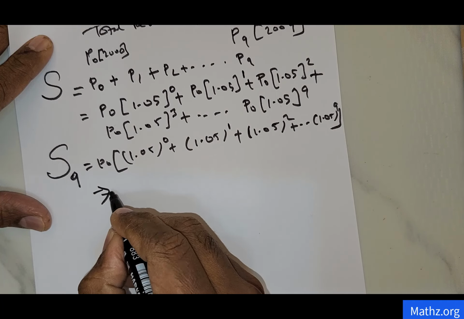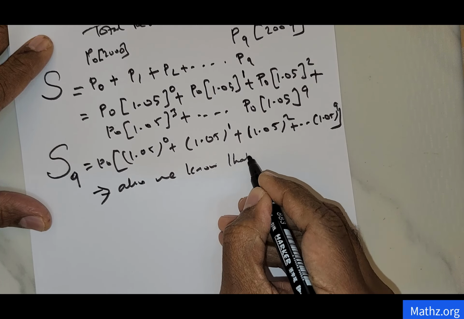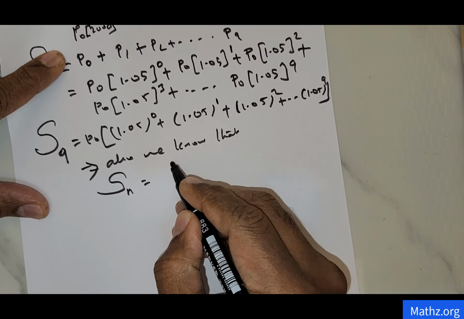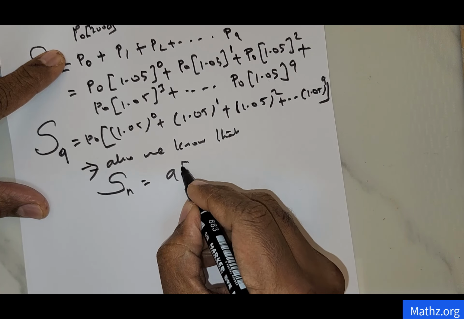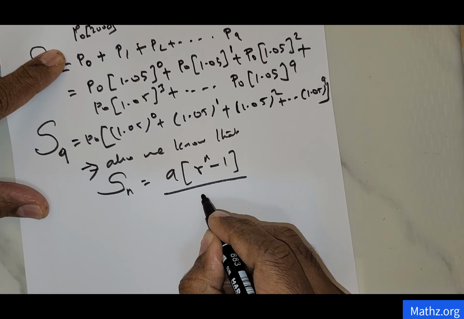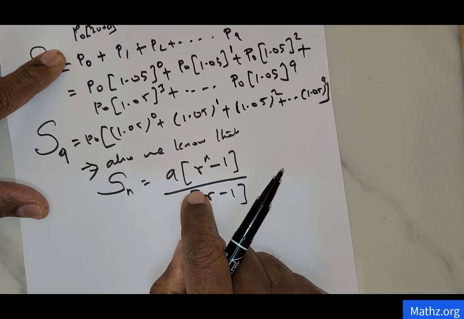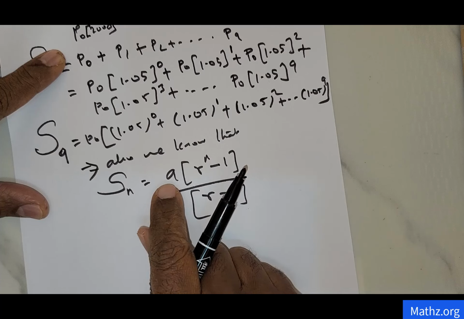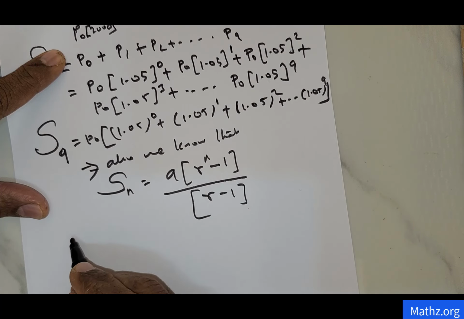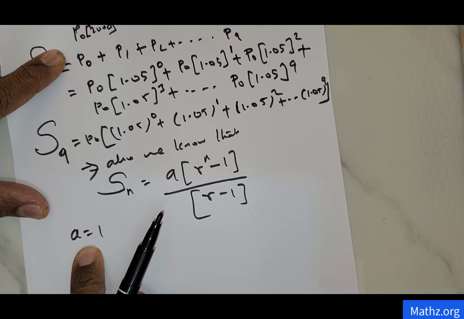We know that for any n, Sn is equal to a times r raised to the power of n minus 1, divided by r minus 1. Now r is the geometric ratio, a is the first term. Now what is the value of a here? If you see here, 1.05 raised to the power of 0 will give me a is equal to 1.